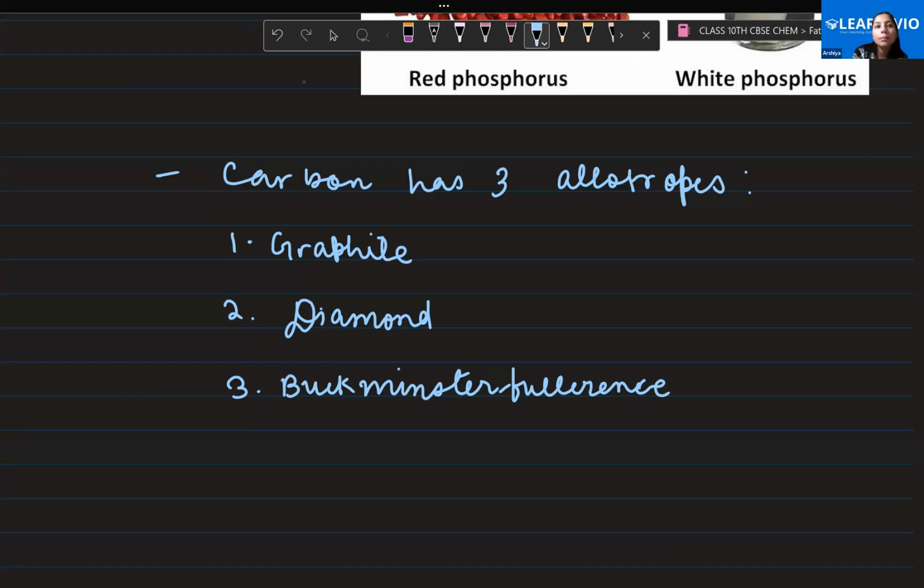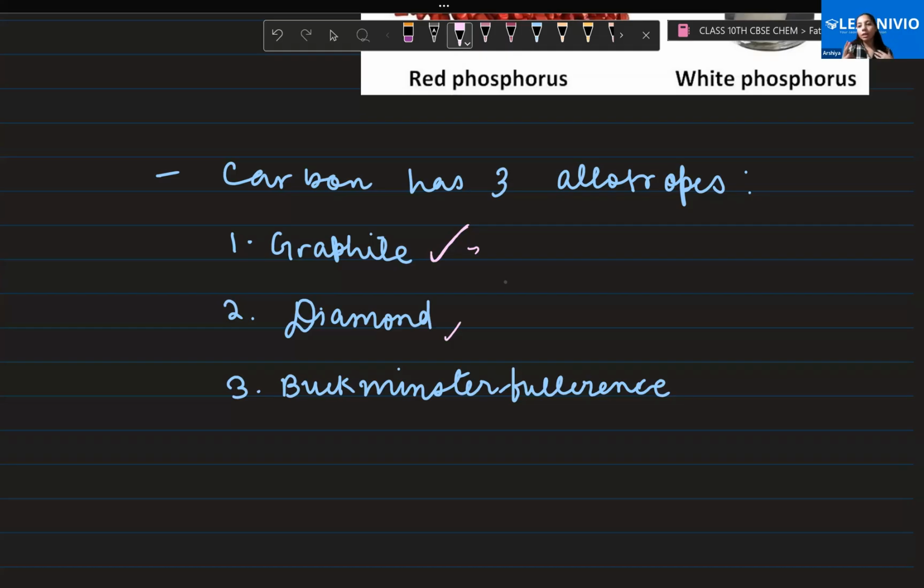So the meaning of them occurring in different forms is carbon, or an element, occurring in different forms. Basically, graphite is something that is very commonly used. You use it every day in your pencils, and it's very inexpensive. It's cheap, right? A pencil costs like 5 rupees. Whereas diamond is something that's very rare, and it's so expensive also.